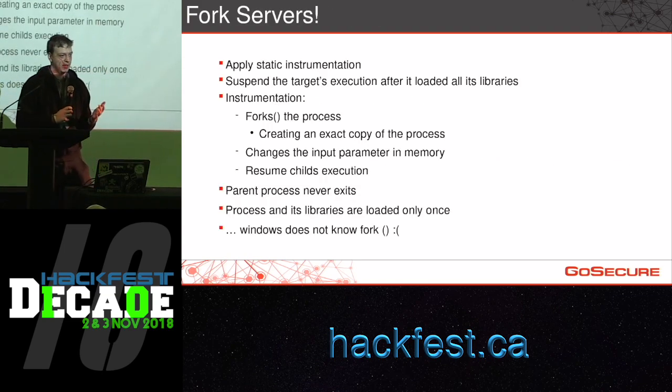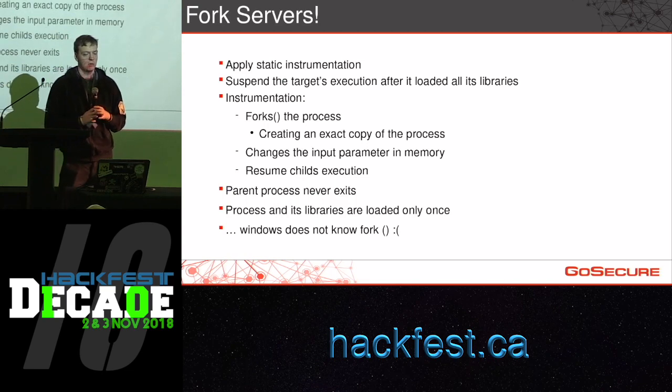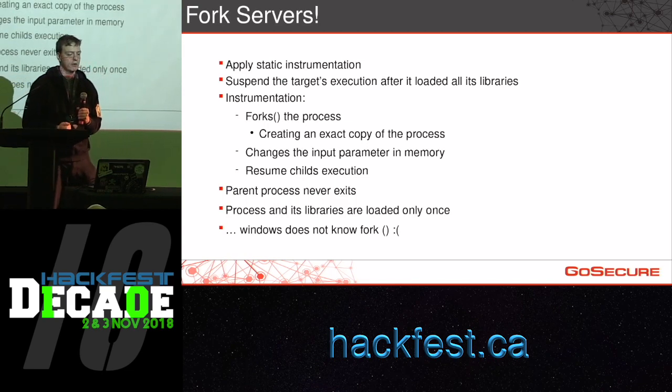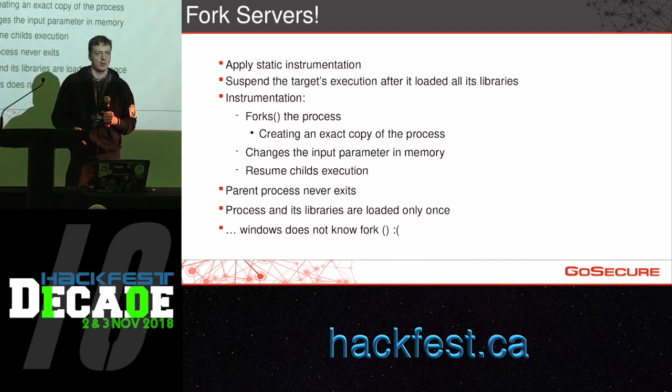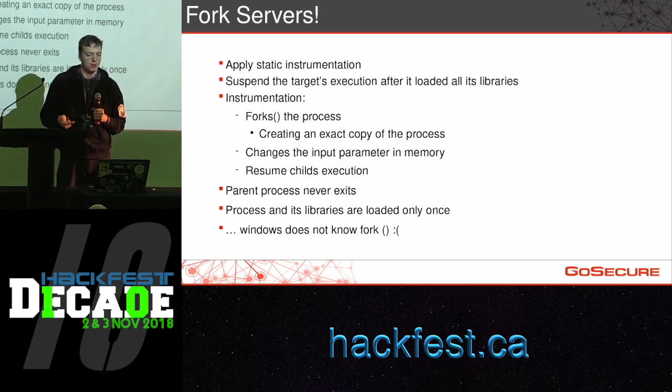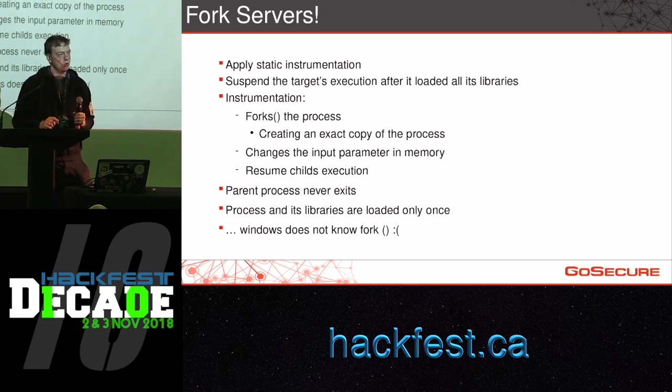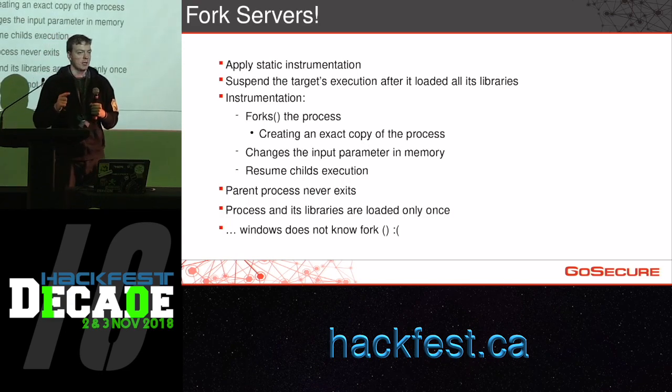For open source applications, again, it's not so difficult. All we have to do is make use of a concept that we call fork servers, which basically works by you start the process and suspend its execution on the first line of main or wherever you want it to. And you suspend its execution at a point where you know that it loaded all its libraries. And then you kick in the instrumentation, which forks the process.